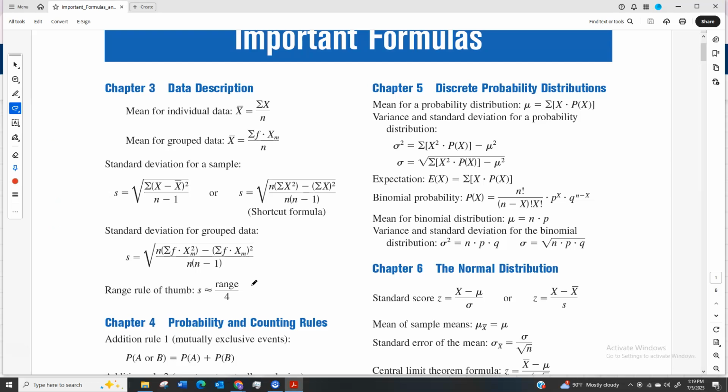So there will be a question like this on the exam, but notice that the formula for this is under Chapter 6. So even though we're starting to talk about it in Chapter 3, on the formula sheet, it does not show this formula until Chapter 6. So please remember that when you're taking your exam, that you can look over here.